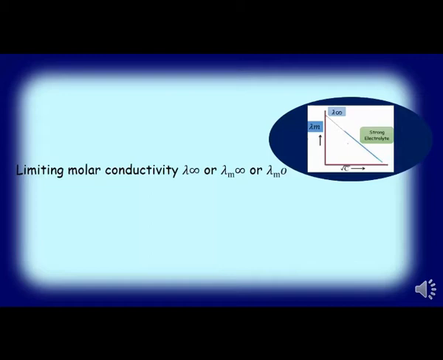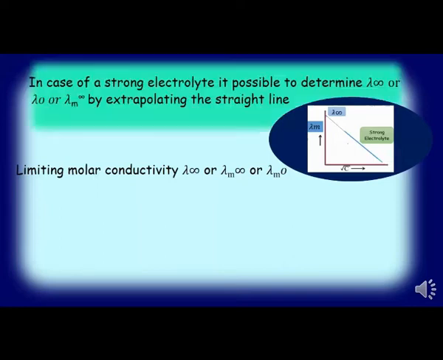From the graph, it's very clear. Lambda infinity at infinite dilution can be determined only in the case of a strong electrolyte because extrapolation of the straight line is possible. Why is it not possible to determine lambda infinity of a weak electrolyte?